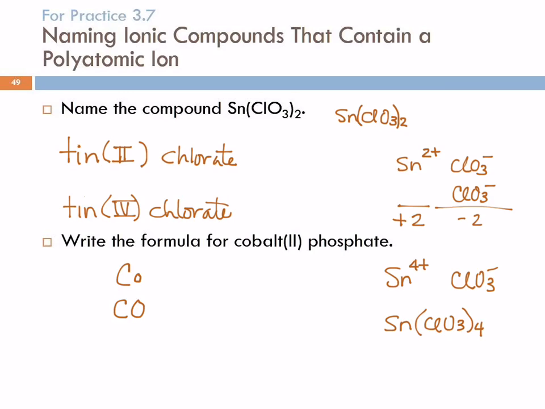They're really, really different. What's the charge on the cobalt ion? 2+. How do we know that? Because the Roman numeral tells us. Isn't that nice? We need the Roman numeral because the periodic table isn't going to help us on that one. Then phosphate, what's the formula for phosphate? PO4, 3 minus.